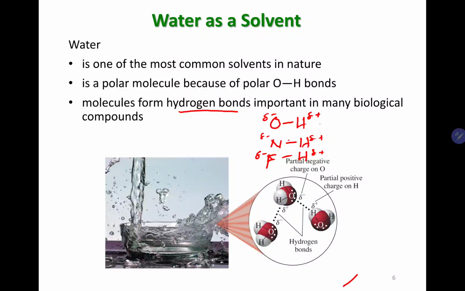This polar bond will then interact with another oxygen, nitrogen, or fluorine. This interaction will be very strong because of the polarity of the OH, NH, or FH bond. So these are hydrogen bonds. Because of hydrogen bonds, water is very important as a solvent.